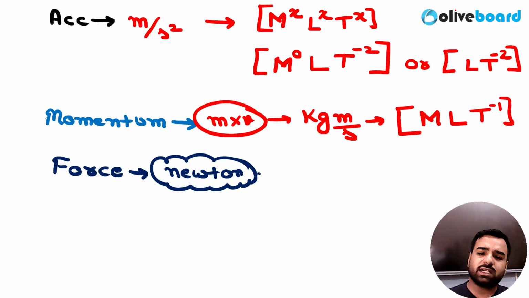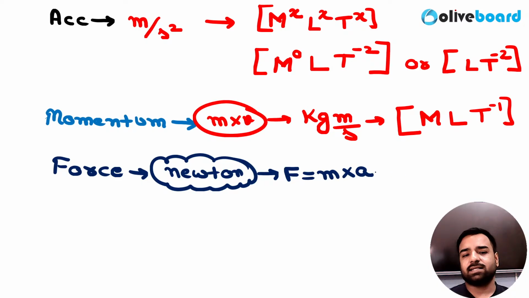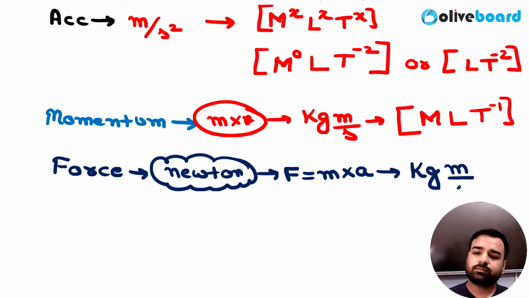From Newton's second law, there's a formula derived as F is equal to m into a, where m is the mass and a is the acceleration. That is, m stands for mass, that is kilogram, and acceleration is meter per second square, right? So it's kg meter per second square, where kg is the mass, m is meter, that is length, and it's minus 2.